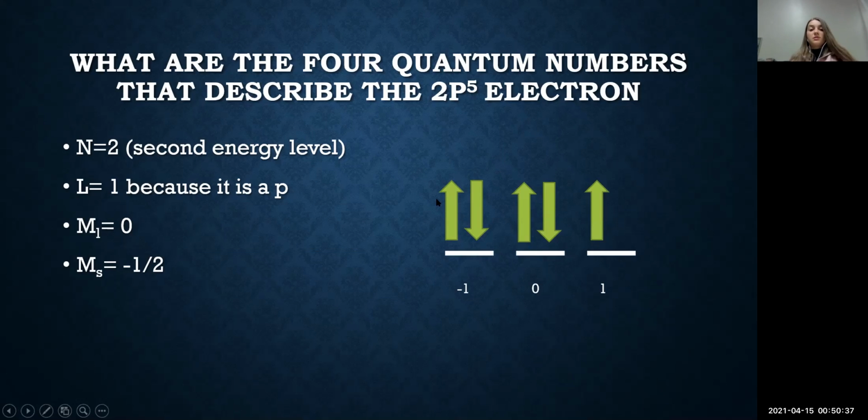Or no, that's all right. So the 2p5 has 5 of these arrows. So we go 1, 2, 3, and then 4, 5. So the last one is the one we're more concerned about, whether it's up or down, filling that set. So we know it's a -1/2.